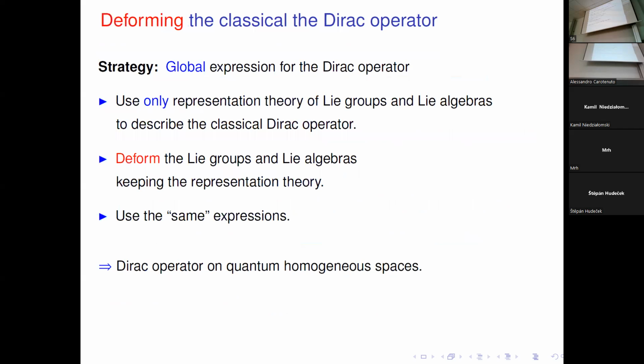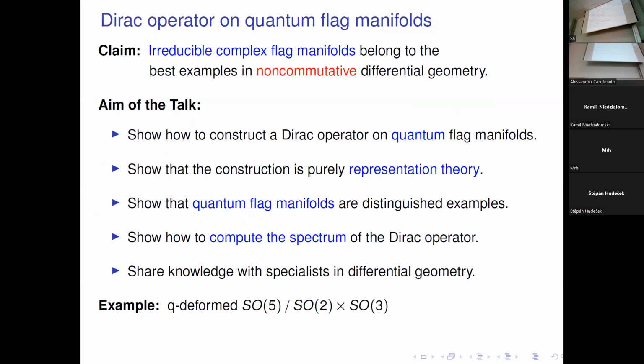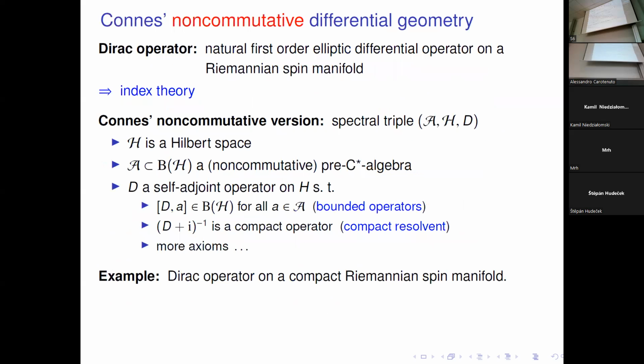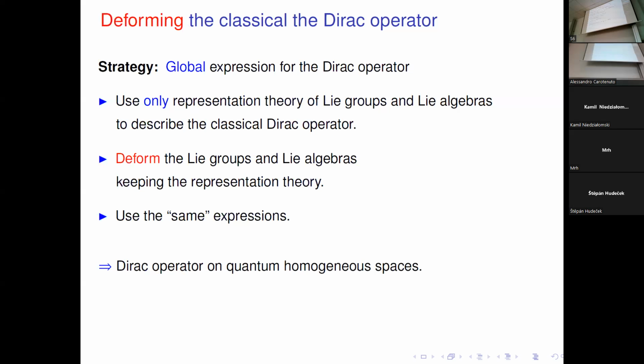So the idea is: look at the classical Dirac operator, describe it by the representation theory, and then deform the representation theory so that we get global expressions. Well, as I said, just using representation theory.